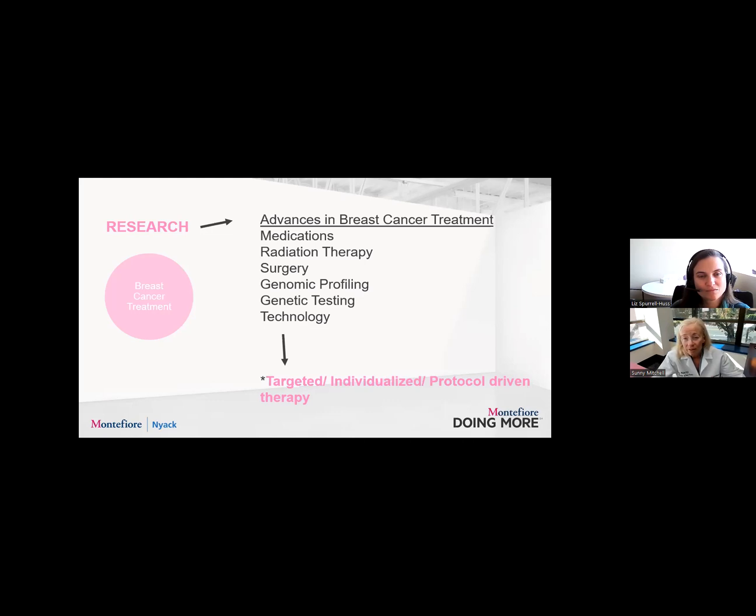So what has research given us? Definite advances in breast cancer treatment. We have medications that are far superior and very specific for the treatment of breast cancer. We have radiation protocols which are more effective and more targeted. We have breast surgery that in no way resembles breast surgery that we did 10, 15, 20 years ago. So that's amazing.